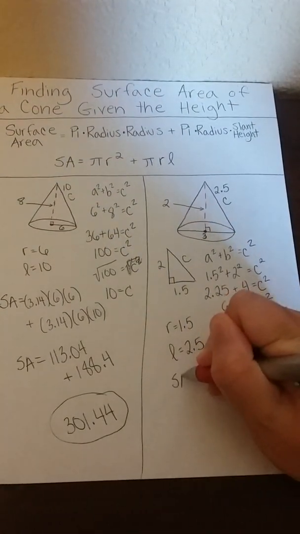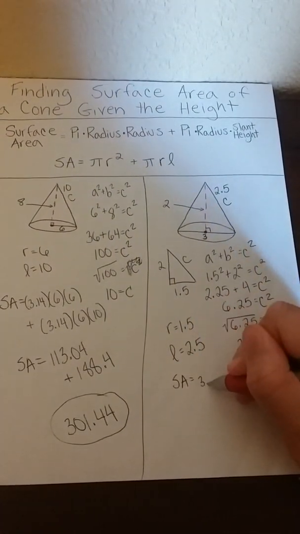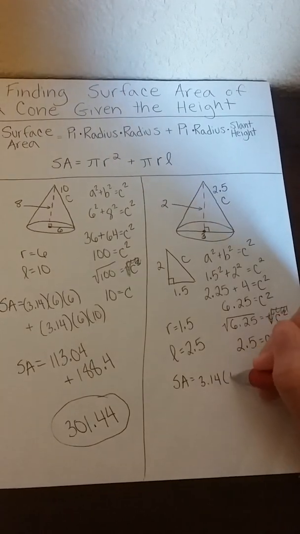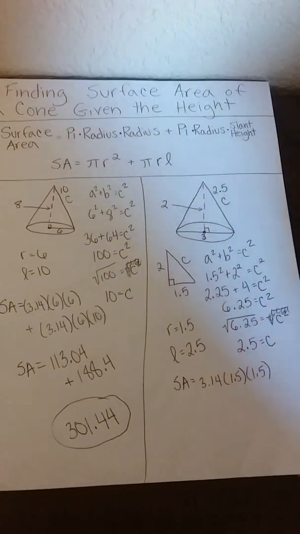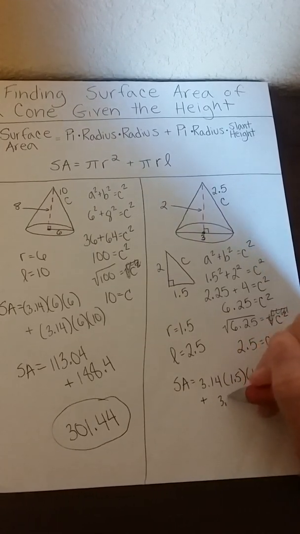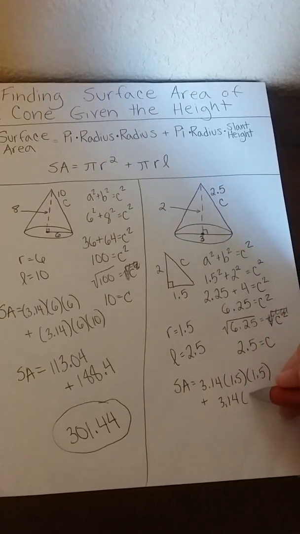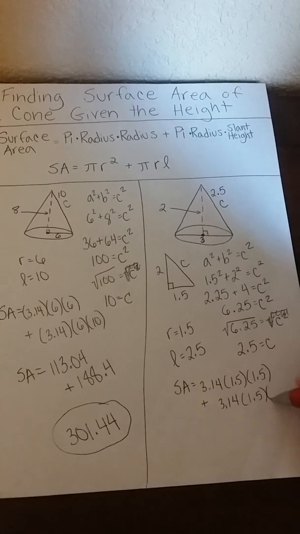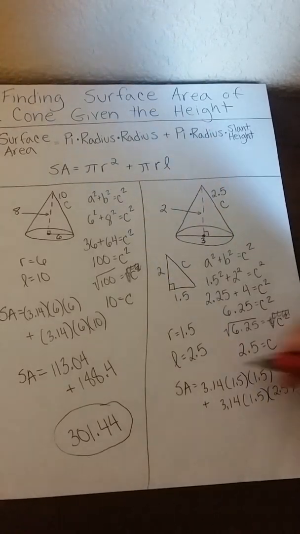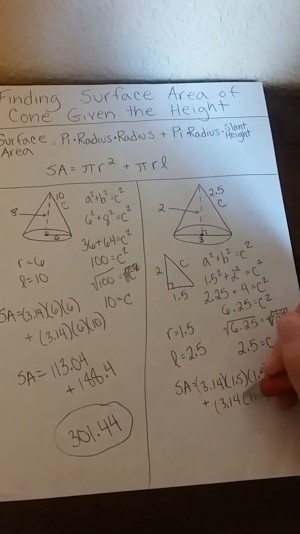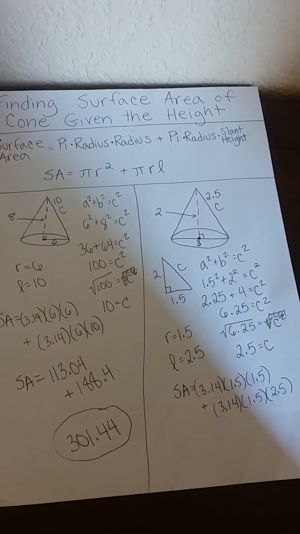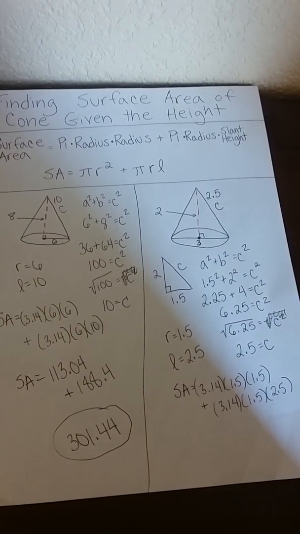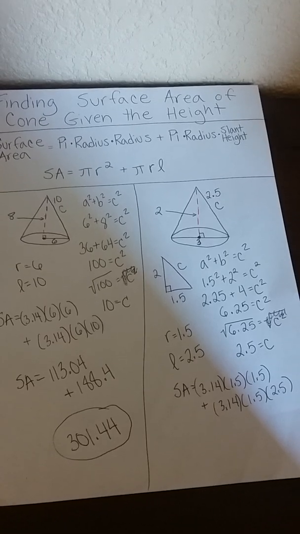So for surface area, we're going to do 3.14 times 1.5 times 1.5 plus 3.14 times 1.5 times 2.5. We're going to go ahead and multiply these out first. So I'm going to do 3.14 times 1.5 times 1.5.